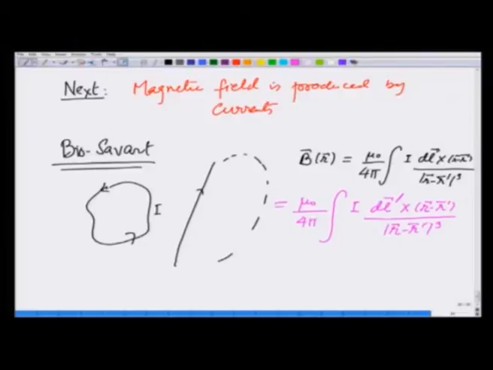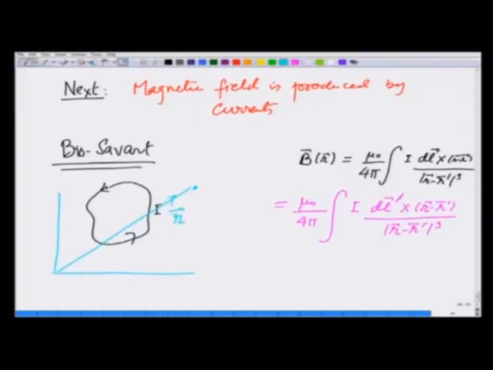So, let us see what it means. Suppose I look at the first loop here, and I want to see the field at this point, which is at a distance r. What I will do is take a small element here in the direction of the current, dl prime. The direction of the current decides the direction of dl.